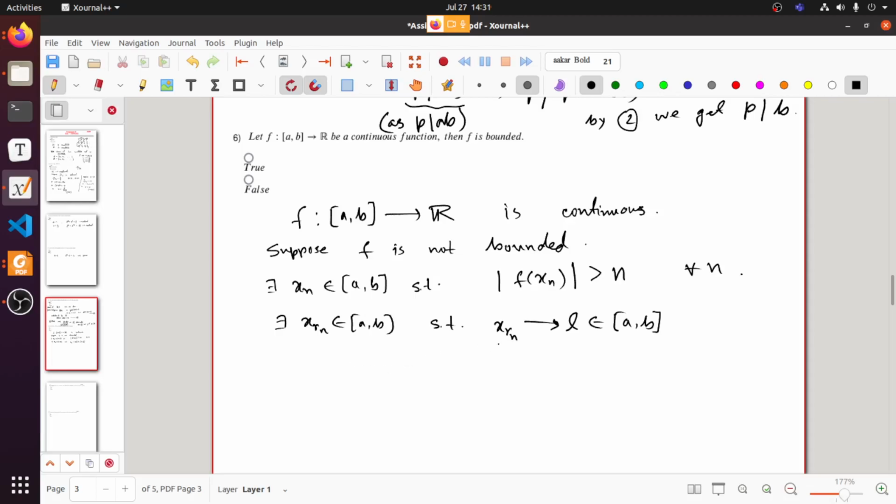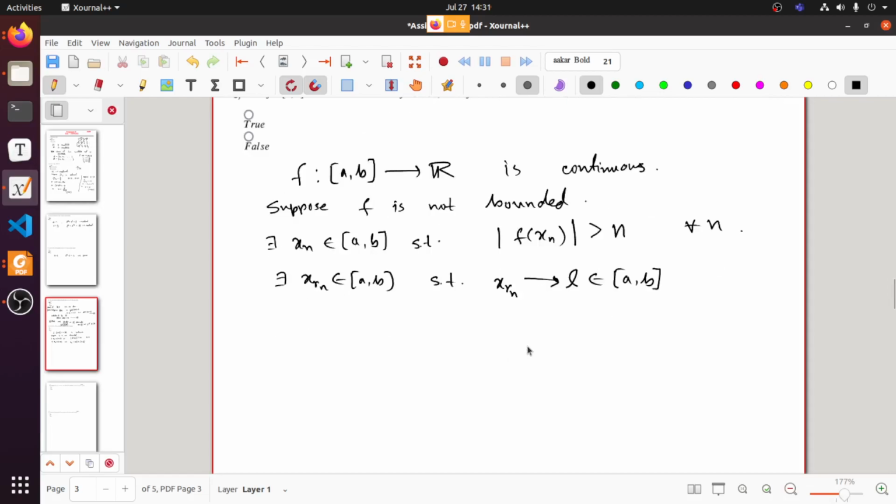As x_{r_n} is a subsequence of the original sequence xn, the inequality will again hold for it.